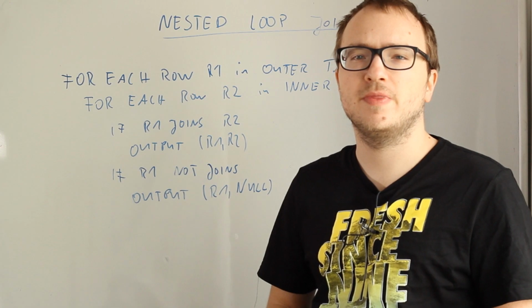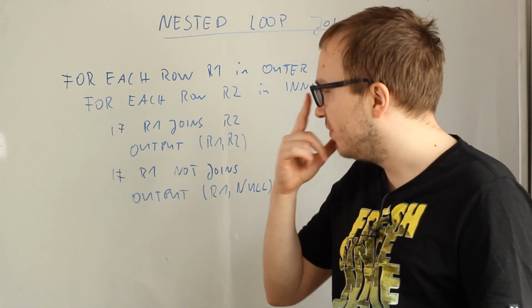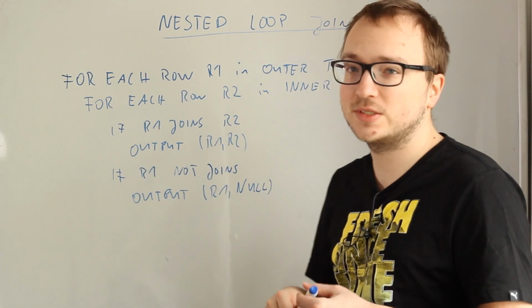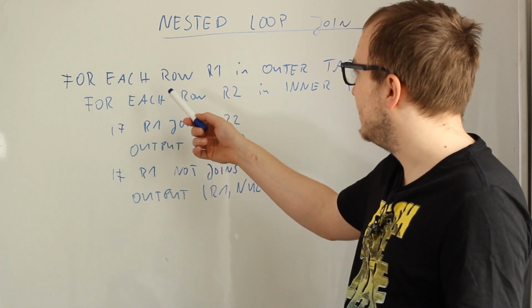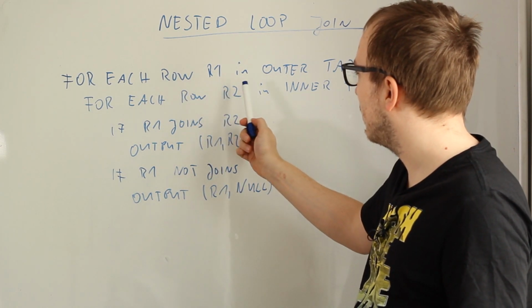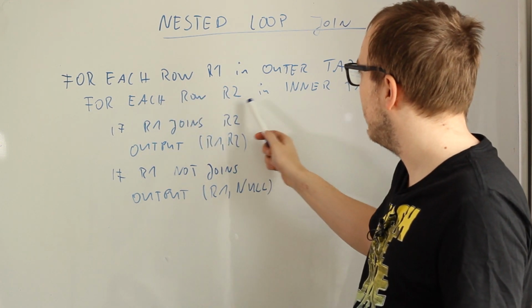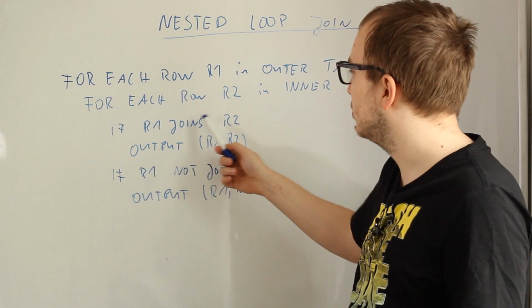As I told you, the algorithm is actually the simplest of all three, and thus it is also very easy to understand. At first, for each row from the outer table, which we call R1, we take each row in the inner table, calling it R2, and then we check if R1 joins with R2.